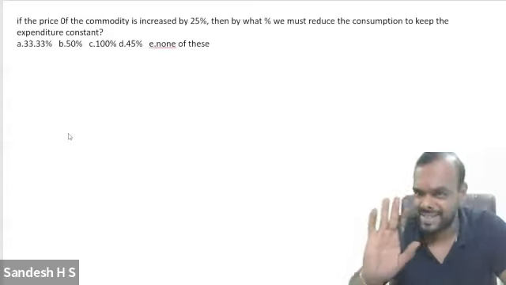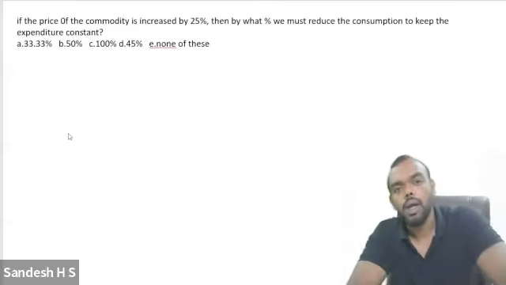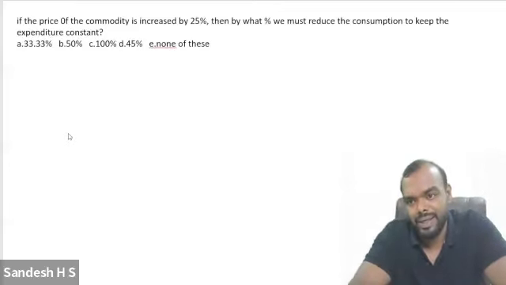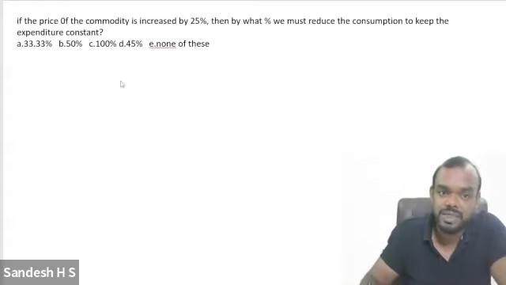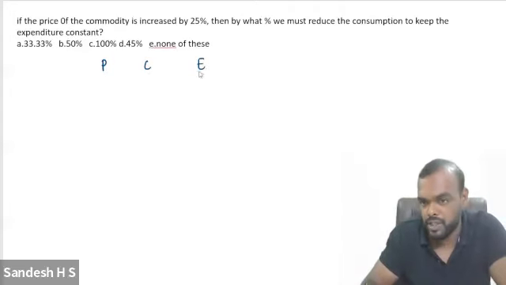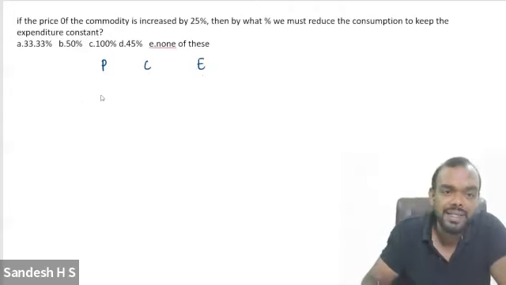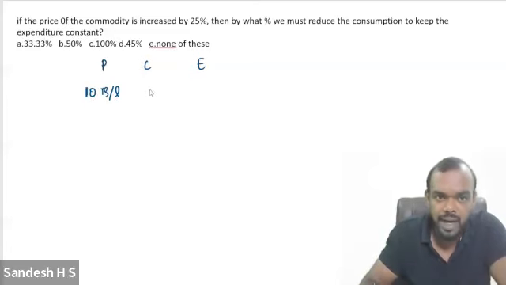Let us understand the scenario here. Firstly, understand the relationship between price, consumption, and expenditure. You are purchasing petrol at 10 rupees per liter, let us assume, and you are purchasing 10 liters, that is the consumption.